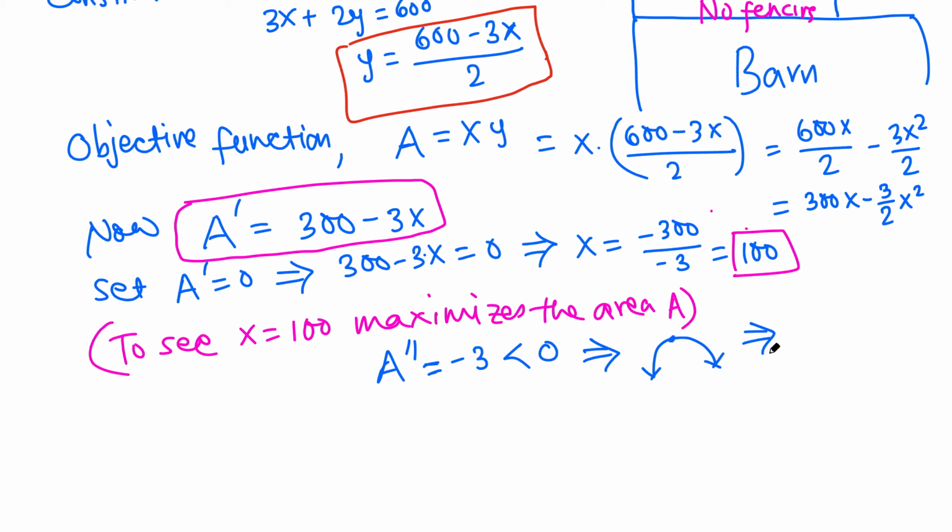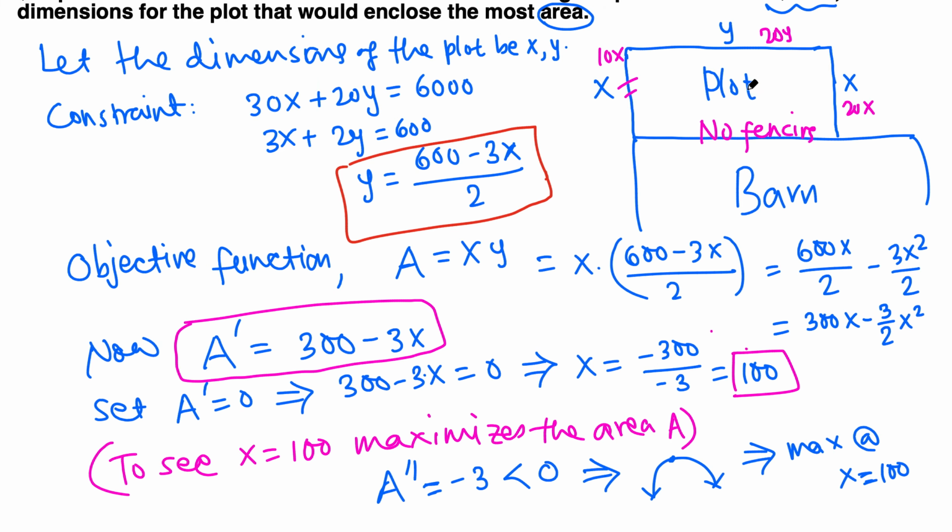So that means maximum. The area is maximum because the second derivative is -3, and we got this critical number at x equals 100. So this shows x equals 100 indeed maximizes the area of this plot.